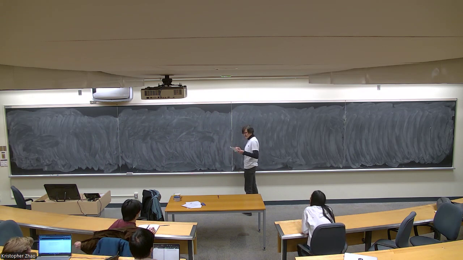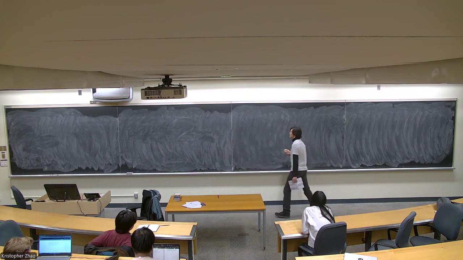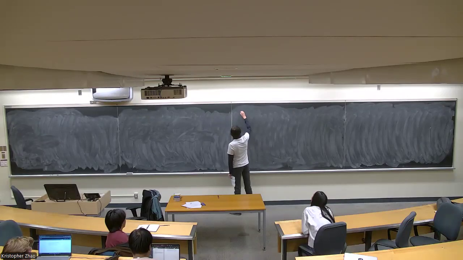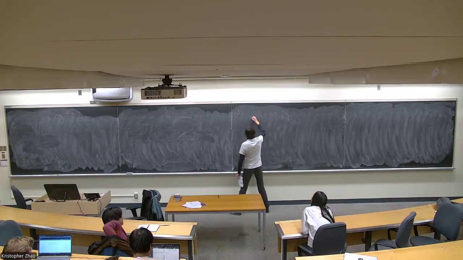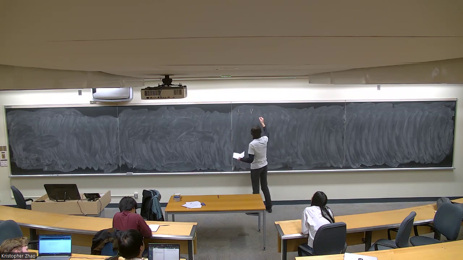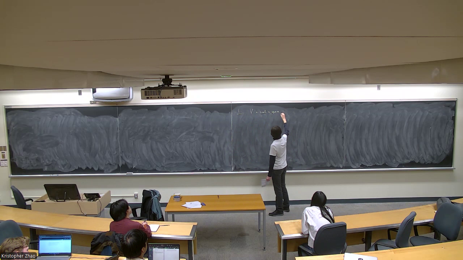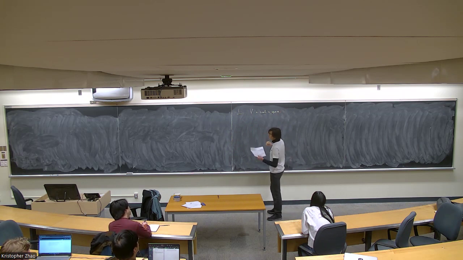Yeah. Thank you. Okay. So what is a symplectic vector space? Suppose you have a real vector space, finite dimensional, and you want to understand what it means for V to have a symplectic structure.